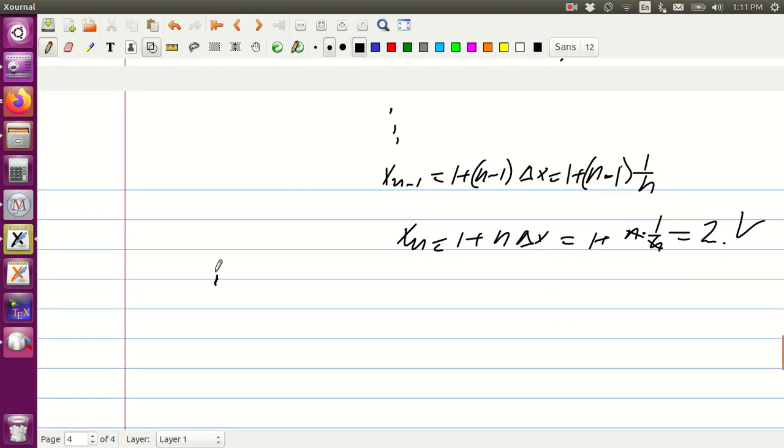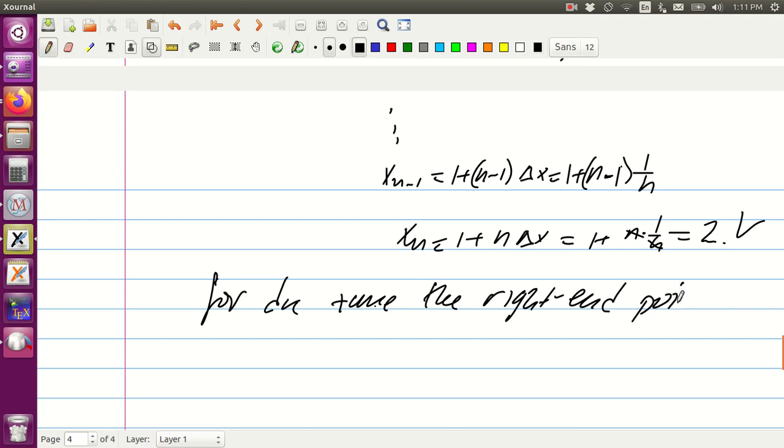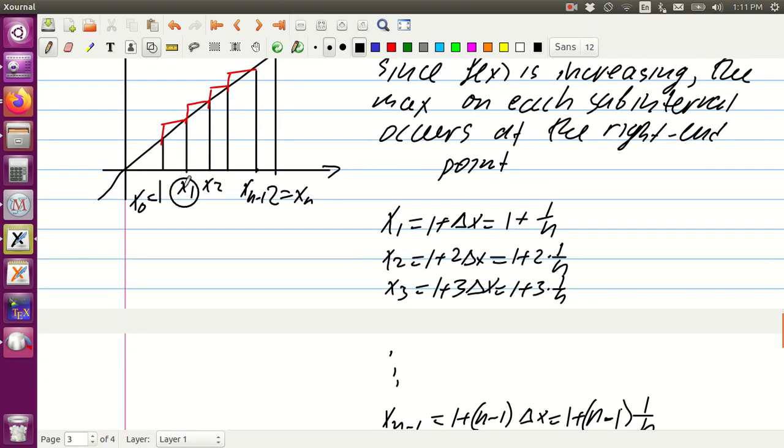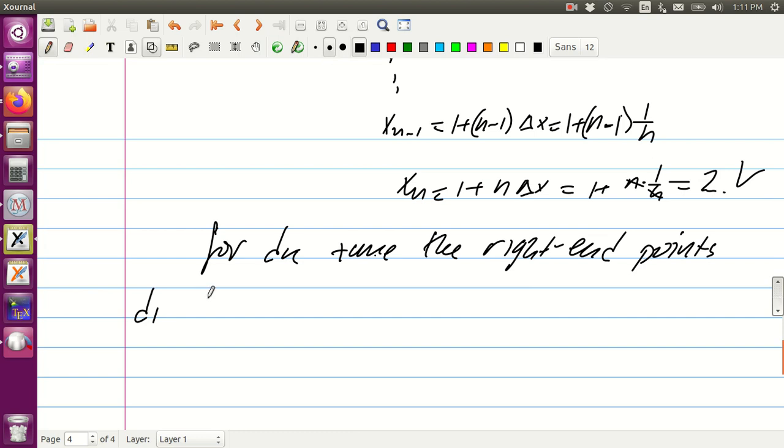And for the d's, for d sub k, take the right end points. Why? Because the function is increasing, and so the maximum happens on the right side. So for d sub 1, we go to the first subinterval, we take the right end point, so we take x1. So d sub 1 is x1, which is 1 plus 1 over n. d sub 2 is x2, which is 1 plus 2 times 1 over n.